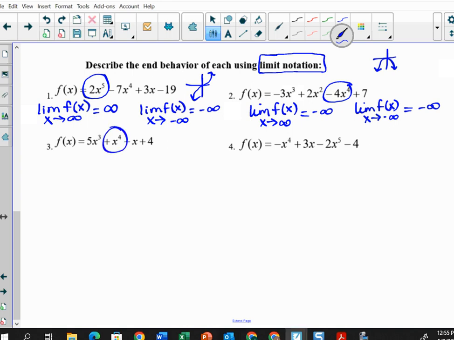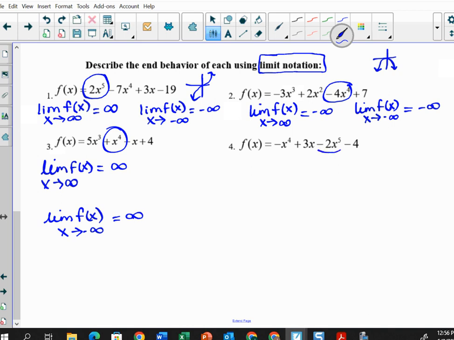All right, so for number 3, I look at the x to the 4th. What are both ends doing? Yep, both going up. And did we use the right notation, guys?